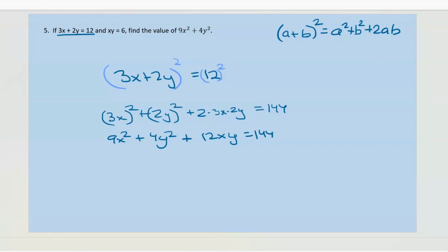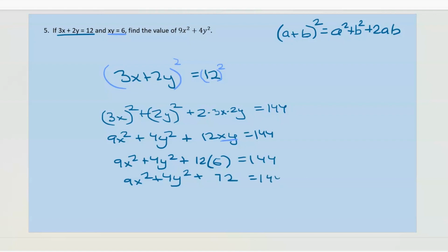And then here, they already told us what xy is, so we could substitute. We would get 9x squared plus 4y squared plus 12 times xy, which is 6, equals 144. 12 times 6 is going to be 72, and that equals 144.